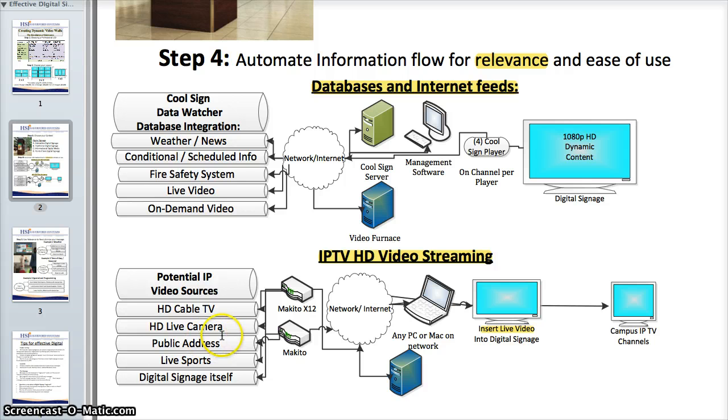You can have an HD video camera that's possibly looking at a public address or a public speaker. You could have it on a sporting event to have live sports inserted into your digital signage. Or, interestingly enough, you could put the digital signage player itself into an encoder and have it available for any PC or Mac on the network, turning any PC into a digital signage system.